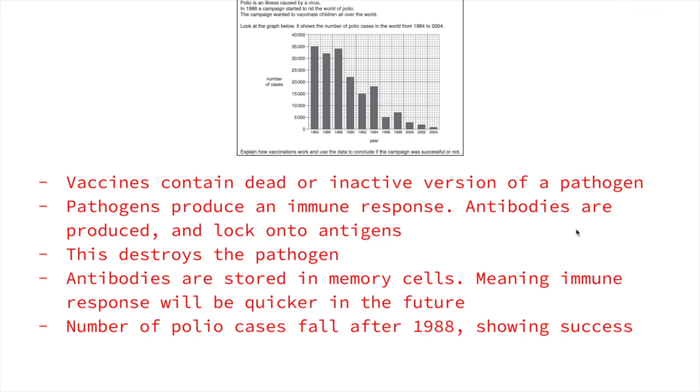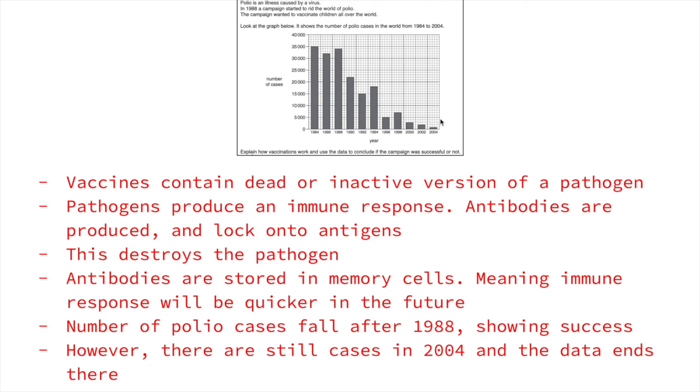It might be nice to include some numbers here, say that they go from nearly 35,000 to, I don't know, a couple of hundred. But in truth, there are still some cases, it's not been eradicated completely. And we are 16 years on from this now, and we don't know what's happened over here on the graph. So without that data, we can't really be sure.